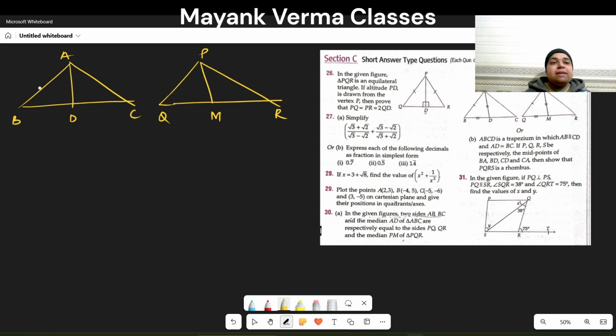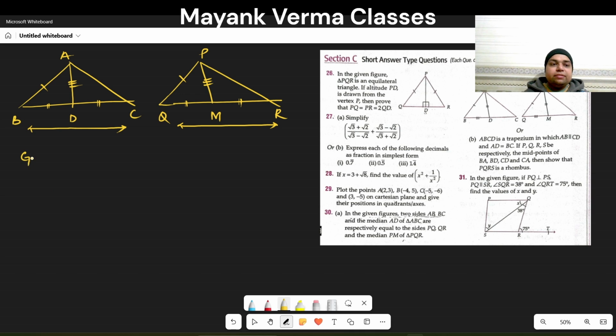Okay, so that means AB is equals to PQ. The second thing is BC is equals to QR, and third, the median means that it bisects the side. So you can say this is equals to this, and this is equals to this. Now this median is also equal.